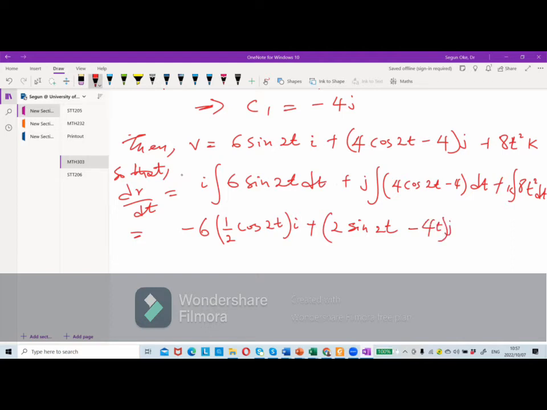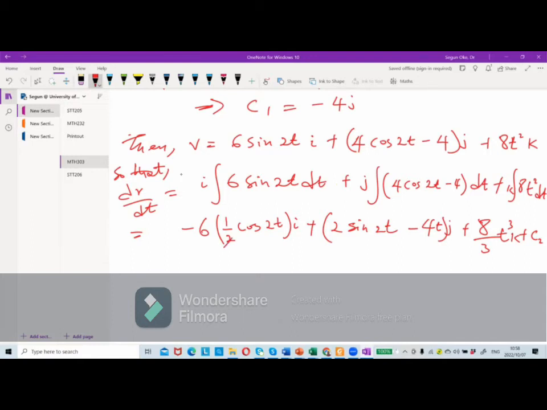Minus 4t j, plus, when you integrate 8t squared, you have 8 over 3 t cubed, plus c2. Don't forget the k.